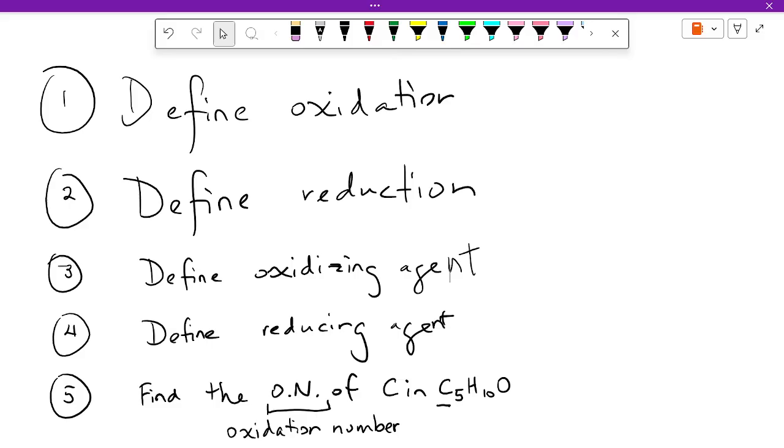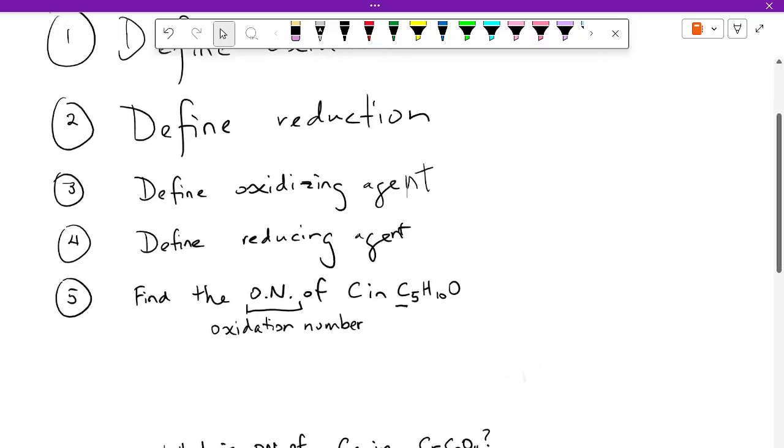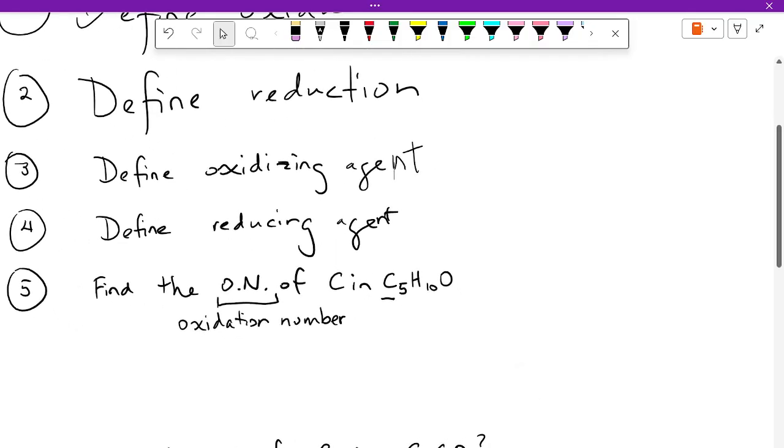Or are you done? Anyone done? Okay. Who needs a minute more? Nobody. Oh, one. Okay. I'll give you another couple minutes. And if you're done that and you would like to try, what is the oxidation number of chromium in CrC2O4? You can try that one.